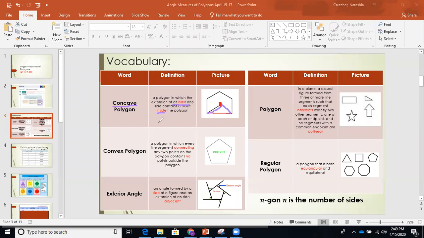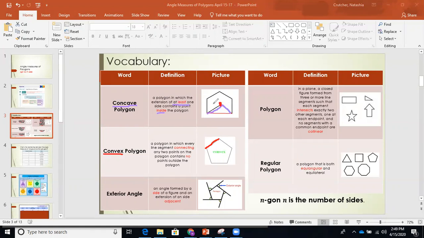All right, next we have a convex polygon, which is a polygon in which every line segment connecting any 2 points on the polygon contains no points outside the polygon. So that's basically saying that if I'm trying to connect 2 points, like this point and this point here, when I connect those, I'm just tracing a side of the figure already.